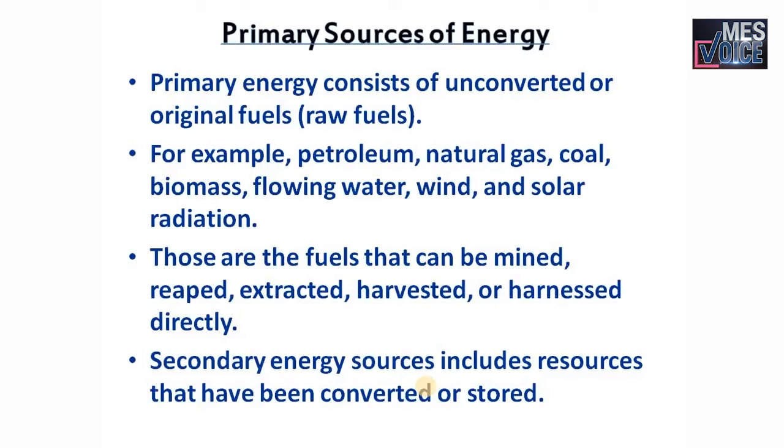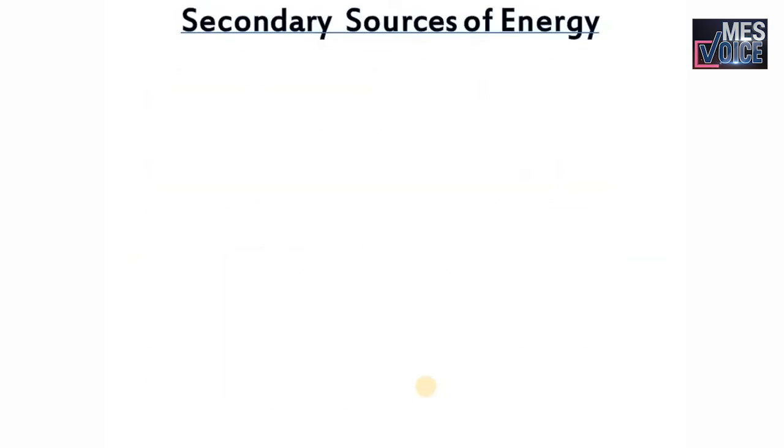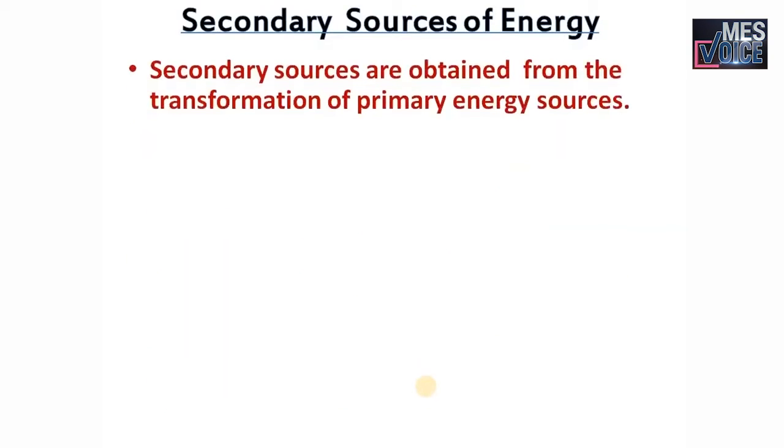Once some processing is done, we get some products. So those products are called secondary energy sources. We say that secondary sources are obtained from the transformation of primary energy sources. That is why it is called secondary, something obtained from primary.